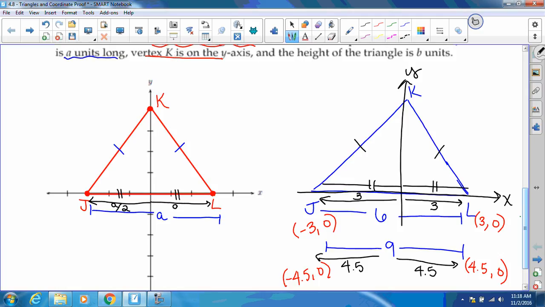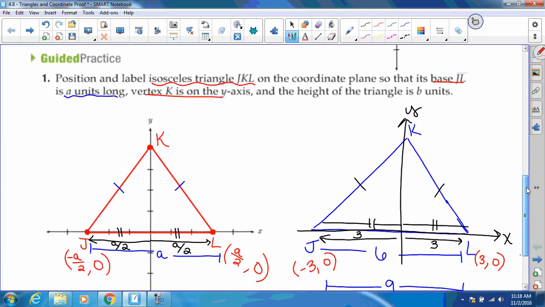So that means my points, this one would be negative A over 2, 0 because my x value is negative when I go left of the origin, and my L would be positive A over 2, 0 because I'm in the positive direction. So when you have an isosceles triangle, you need those distances to the left and to the right of 0 on your base to be equal. They have to be equal for it to be isosceles.